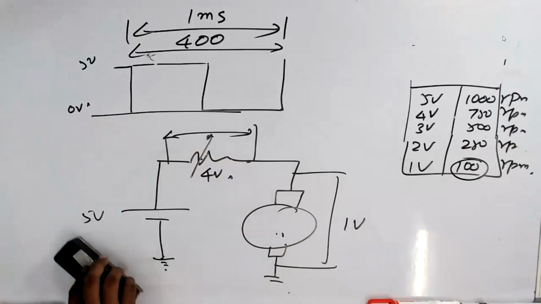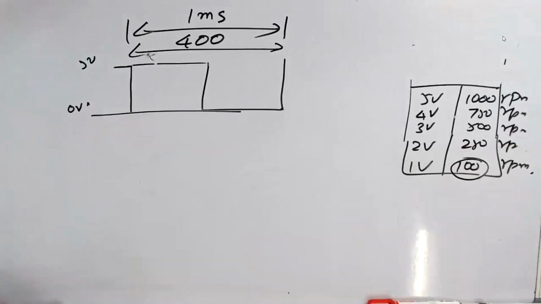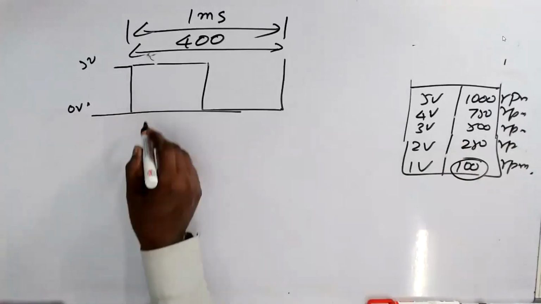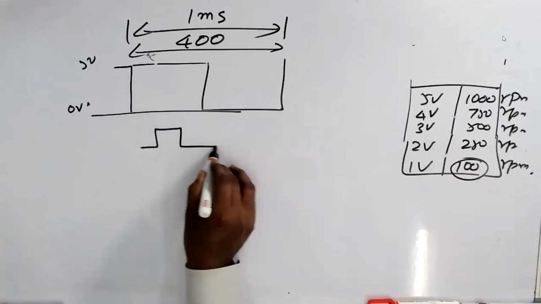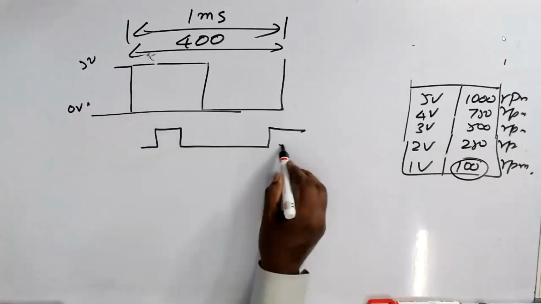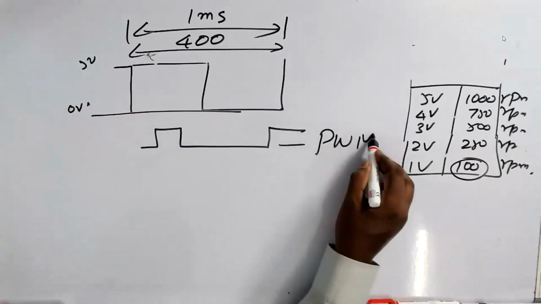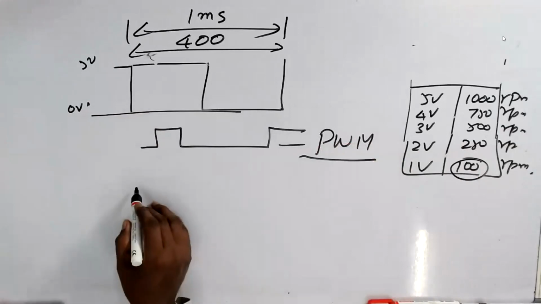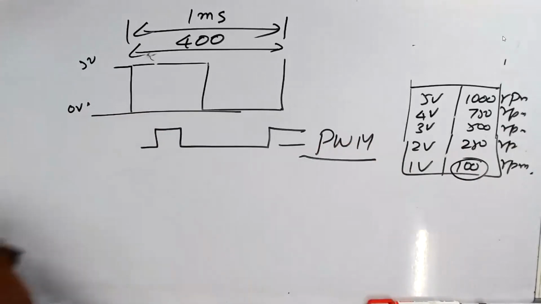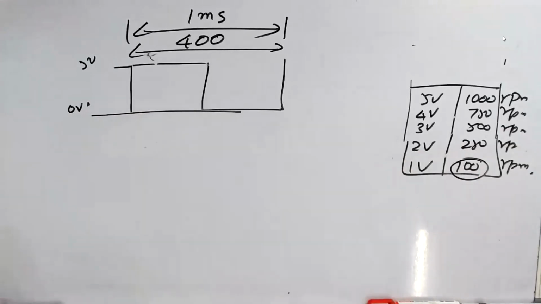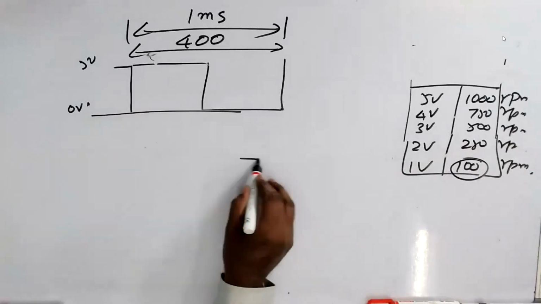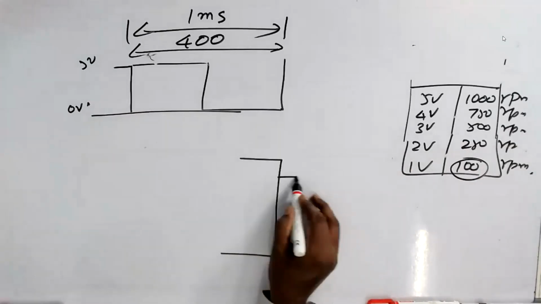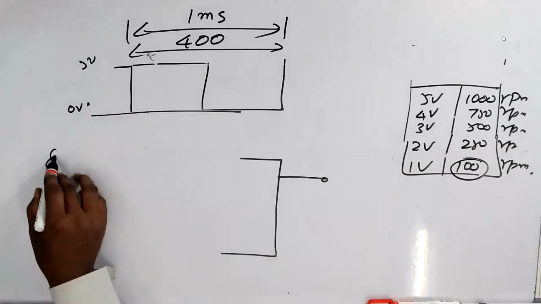Now, what we are doing here is we control the voltage using this pulse. This is called PWM, pulse width modulation. Any voltage can be generated. For example, think of it: this is a microcontroller output, and this is software.